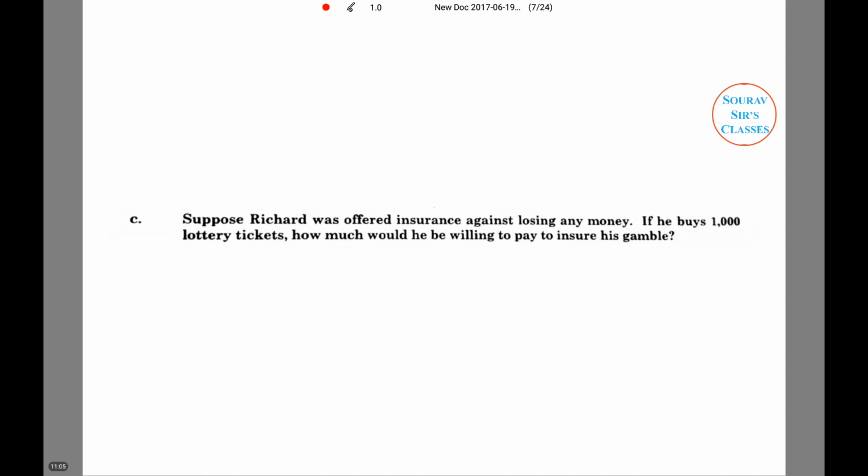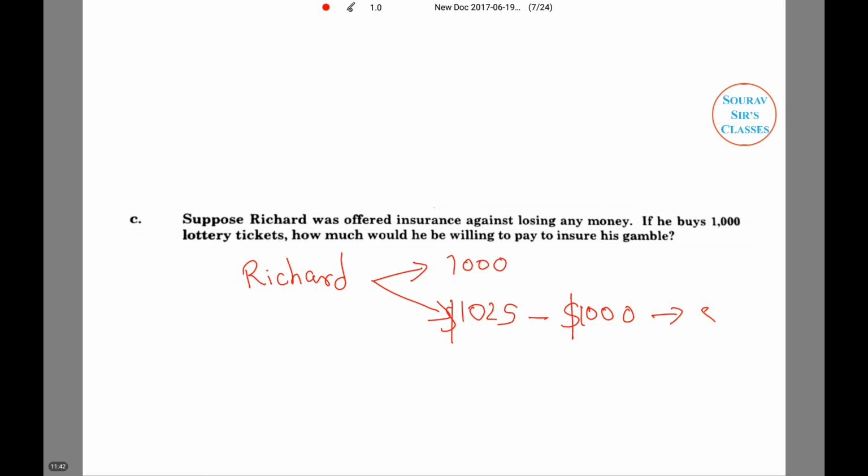Now suppose Richard was offered insurance against losing any money. If he buys 1000 lottery tickets, we'll find out whether he'll be willing to pay to insure his gamble. If Richard buys 1000 tickets, it is likely that he will have $1025 minus the $1000 that he paid, or $25.